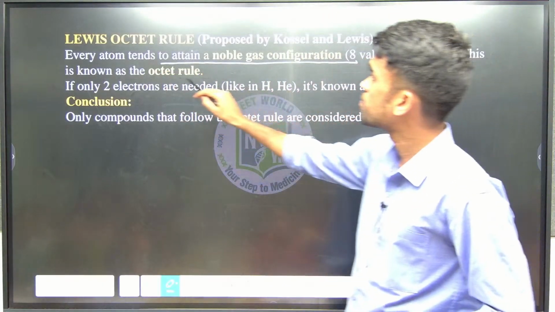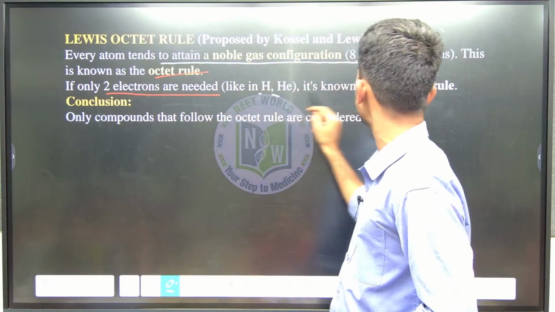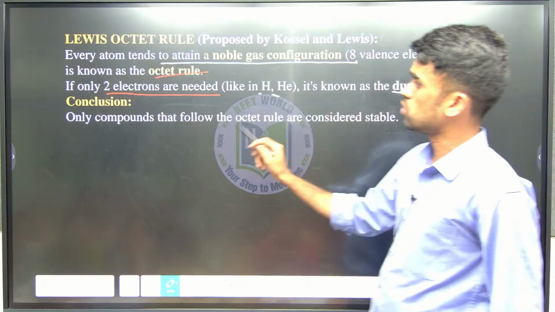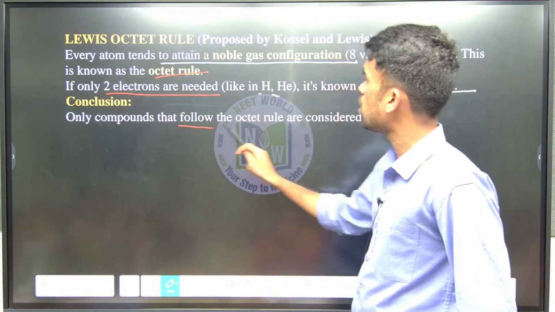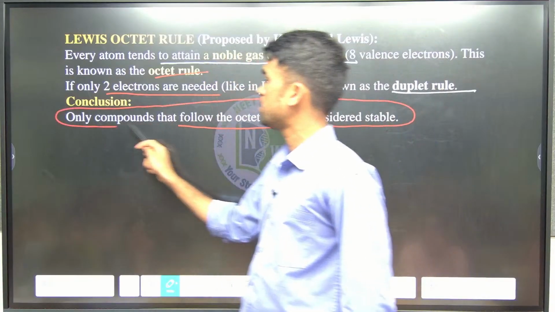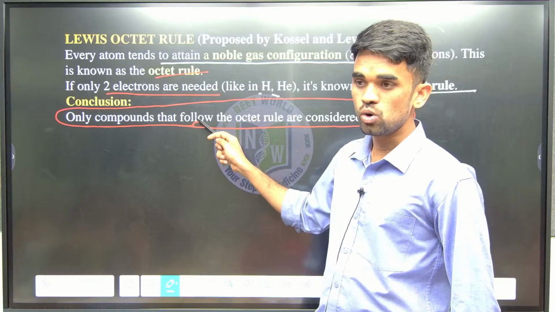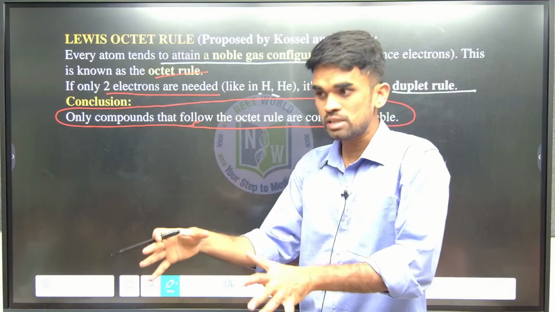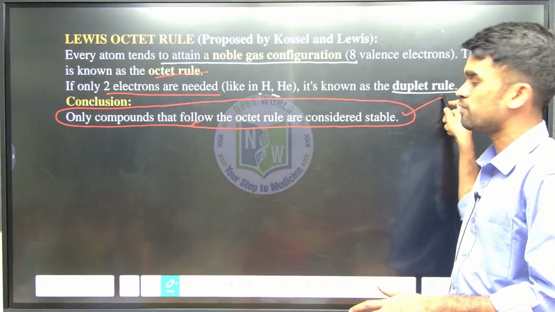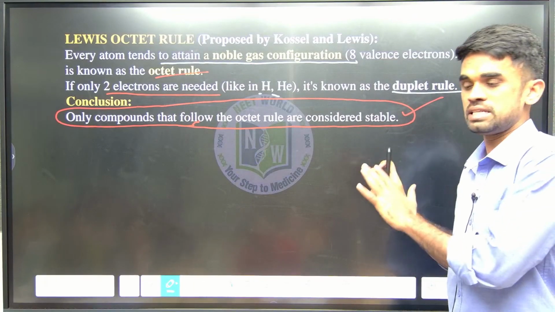This is known as the octet. Only 2 electrons are needed for hydrogen and helium, which is known as the duplet. Only compounds that follow octet configuration are considered stable. Who told this statement? Lewis. What is he saying once again? Only those compounds or molecules attaining octet configuration are stable. This is the basic consideration he made.